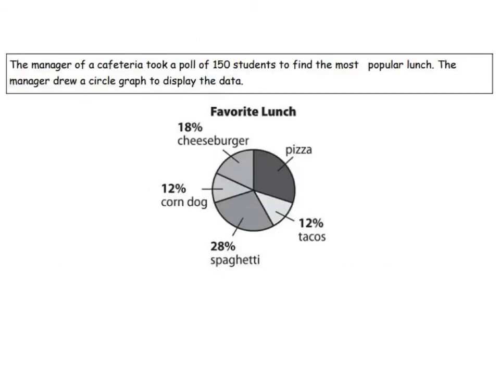Okay, so here we have a circle graph, and it's giving you information in percents. It says the manager of a cafeteria took a poll of 150 students to find the most popular lunch. The manager drew a circle graph to display the data. So if you look at it, you have 18% for cheeseburgers, 12% for corn dogs, 28% for spaghetti, 12% for tacos, and it doesn't have a percent of pizza.